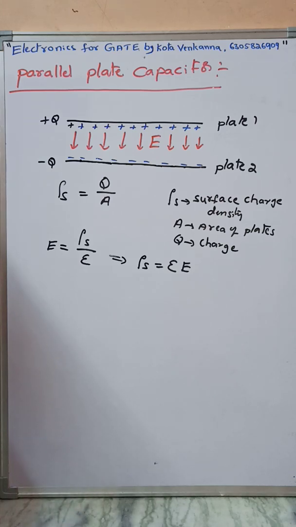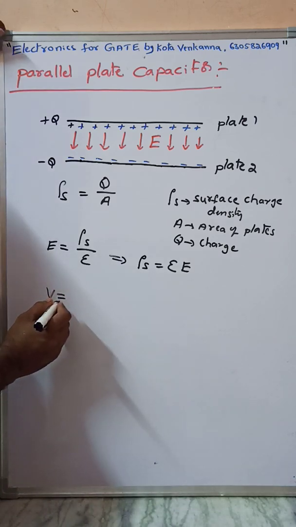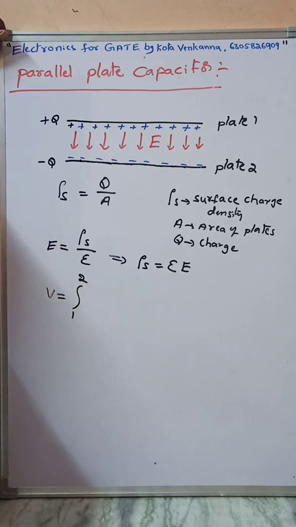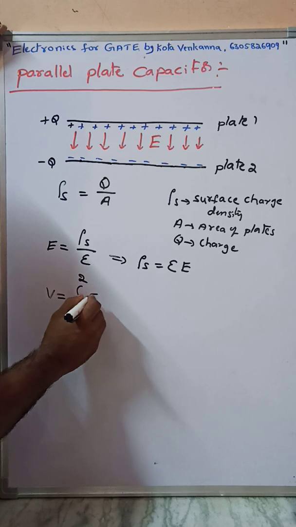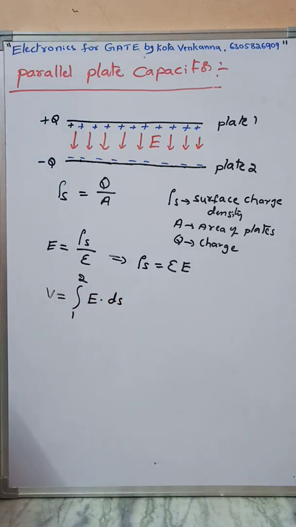The potential or voltage equation is given by V is equal to the integration from plate 1 to plate 2 of E dot dS, and this is the basic equation for the determination of voltage.